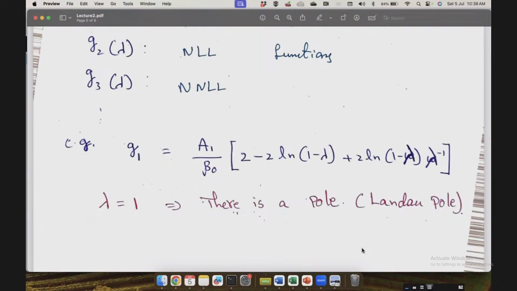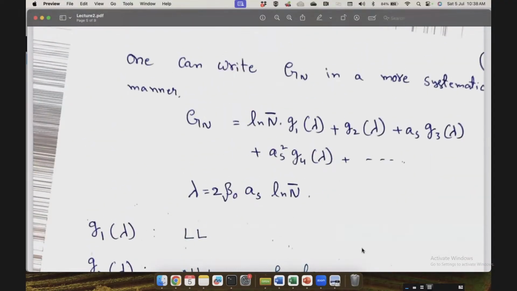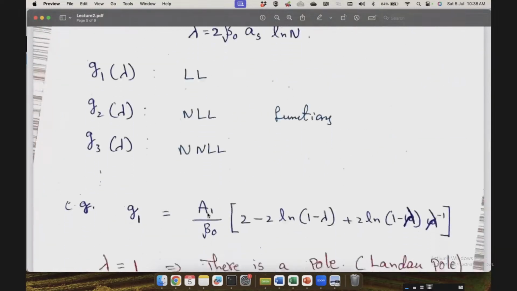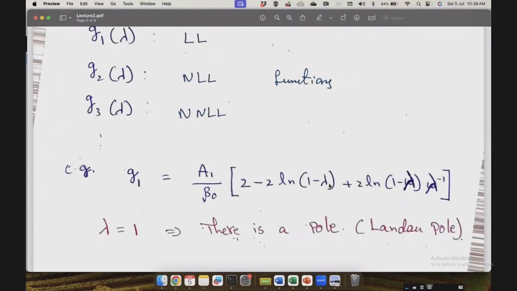So now how do we do the integration over n? Obviously, when you are going from minus infinity to plus infinity, you are taking all values of n. Somewhere you will hit the value corresponding to lambda being unity, and this pole you will not miss. That pole will be there.